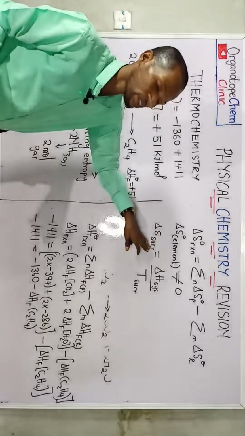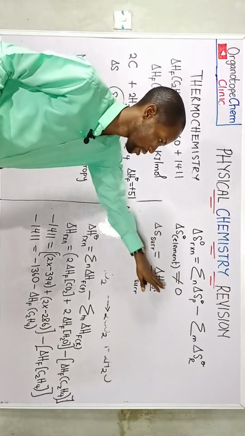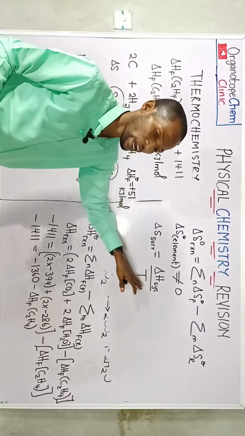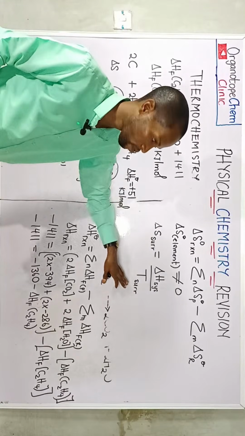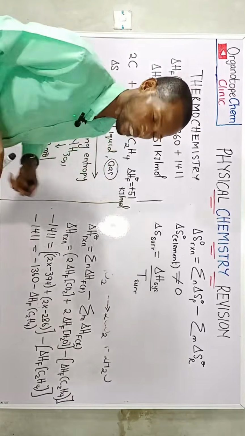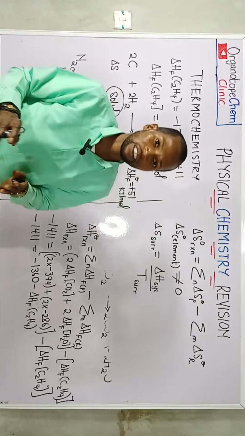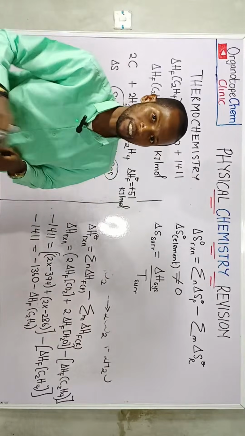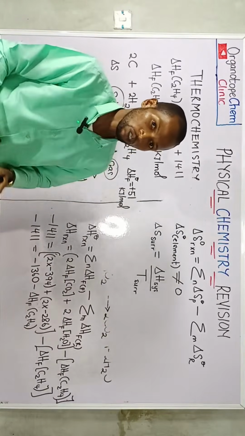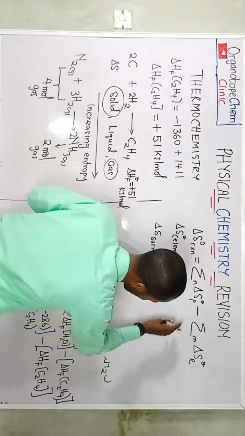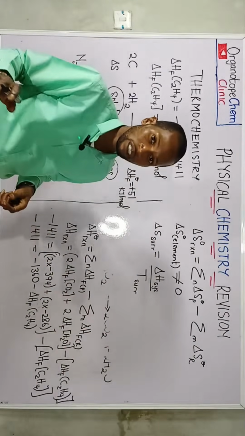So entropy of the surrounding equals enthalpy of the system over the temperature of the surrounding. Recall that when we started, I explained that the universe is made up of 2 components: the system and the surrounding.